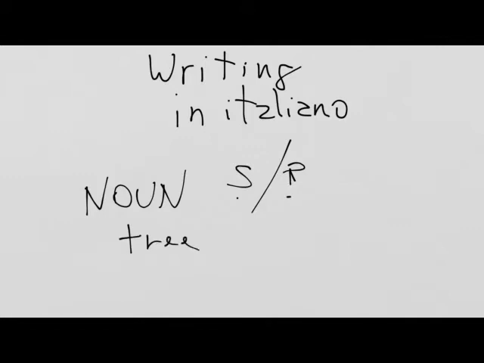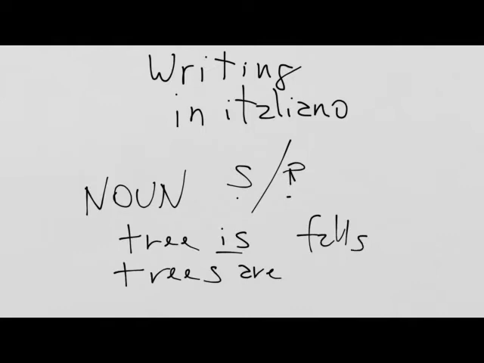Because whether it is singular or plural will determine the form of the verb. A tree is, but trees are. A tree falls down, but trees fall down.